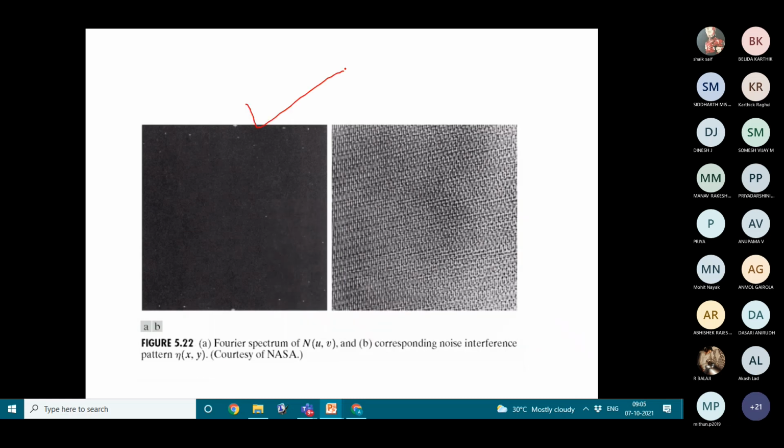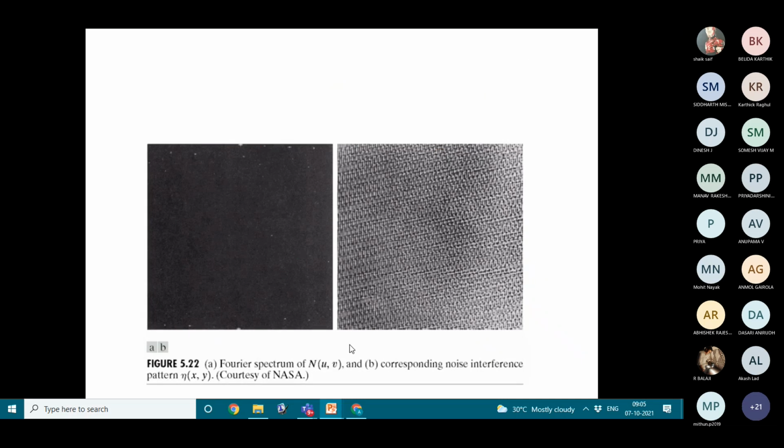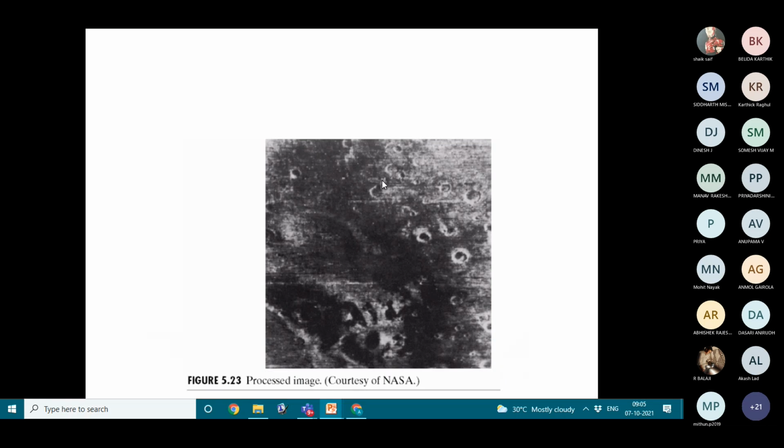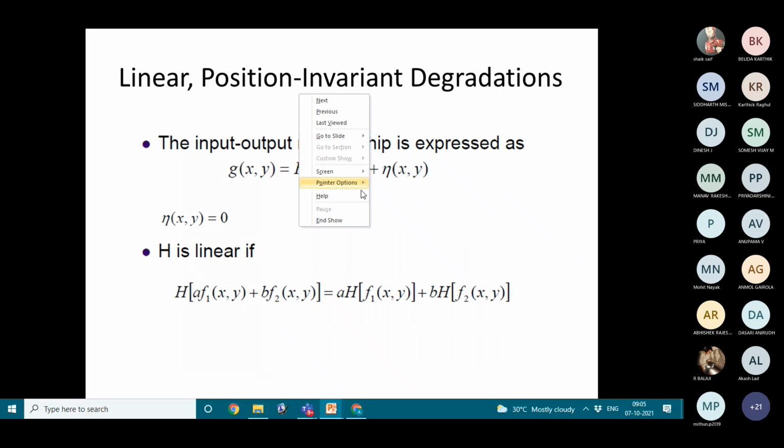And this is the Fourier transform of the noise, and this is the corresponding noise interference pattern. And this is the processed image once everything is computed. So that is optimum notch filtering. What you need to do is find the weight function W. We have to minimize the variance, so for that purpose, we differentiate with respect to W and equate it to 0.